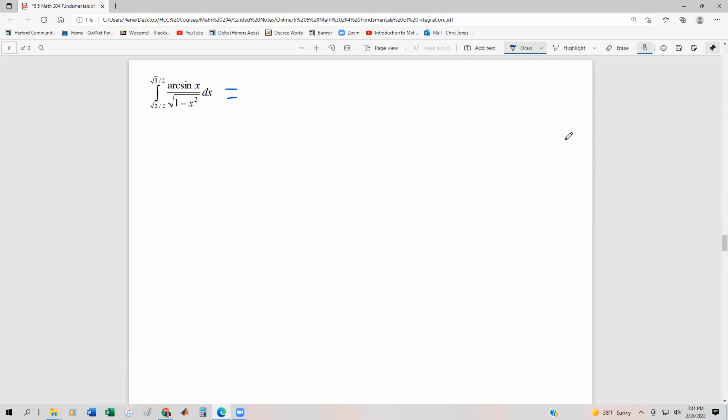It may be beneficial to think of the integral as this: root 2 over 2 to root 3 over 2, and I'm just going to split this off. So I'm going to write this as 1 over the square root of 1 minus x squared, times arcsine of x dx.